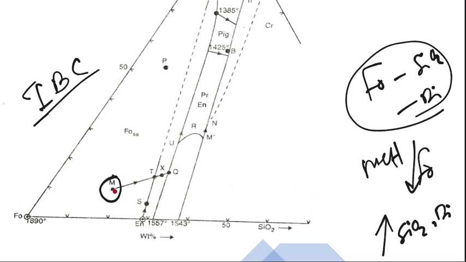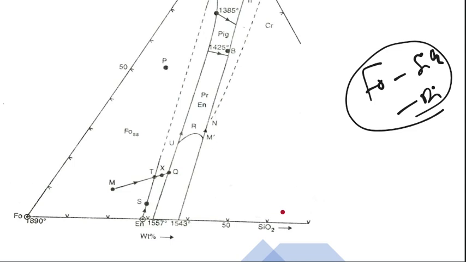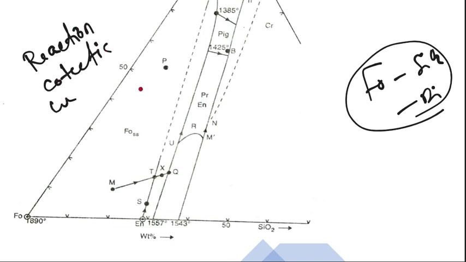This melt will move away from the phosphorite and go in the direction of silica and diopside, because the melt is getting enriched in SiO2 and diopside. So when it touches the reaction cotectic curve, which one is it? This one is the reaction cotectic curve.